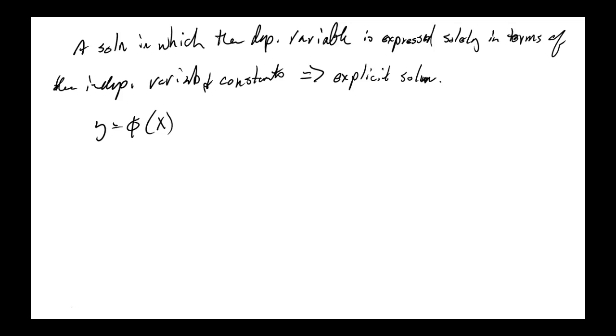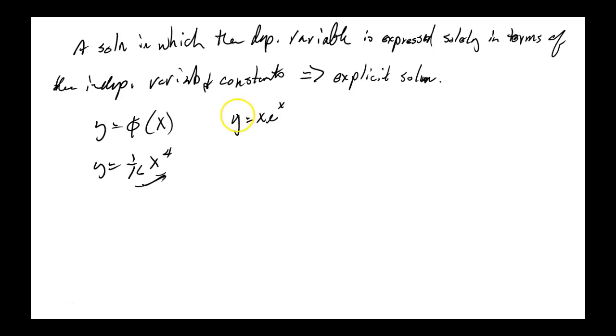Here's a couple. Probably the last time we did one that was y is equal to 1/16 x to the 4th. That's an explicit solution. The dependent variable is expressed solely in terms of the independent variable with constants. We also did one, y is equal to x e to the x.